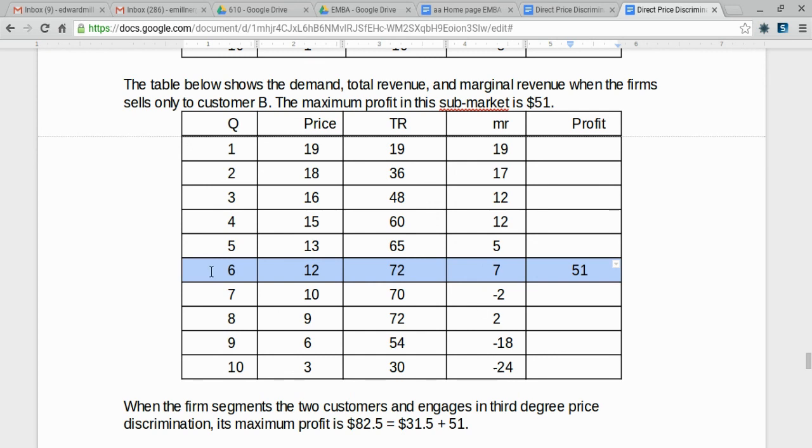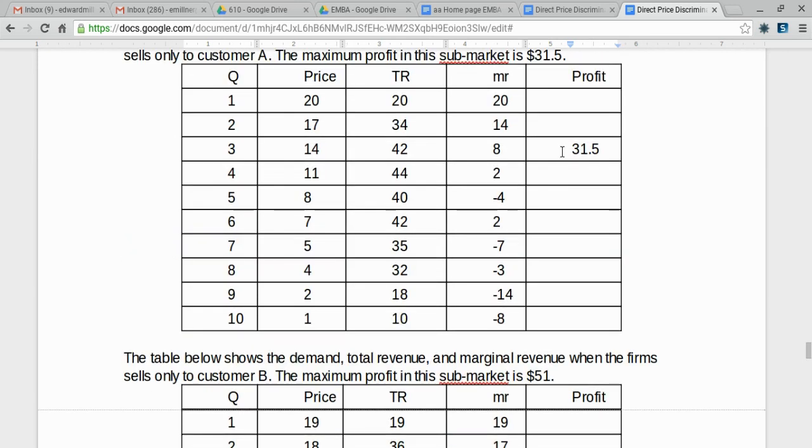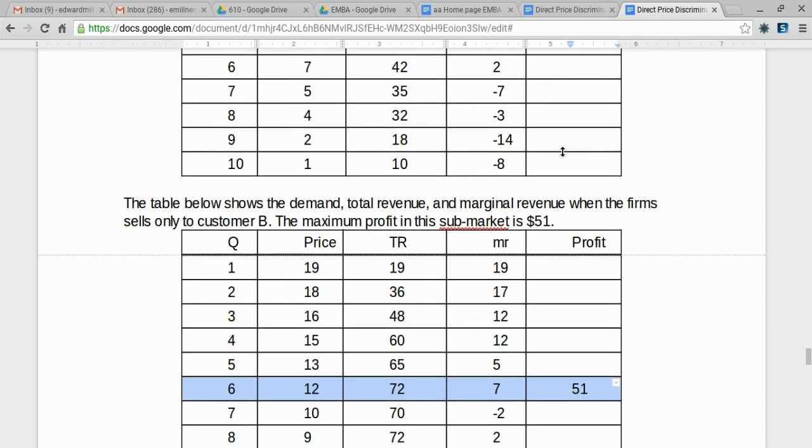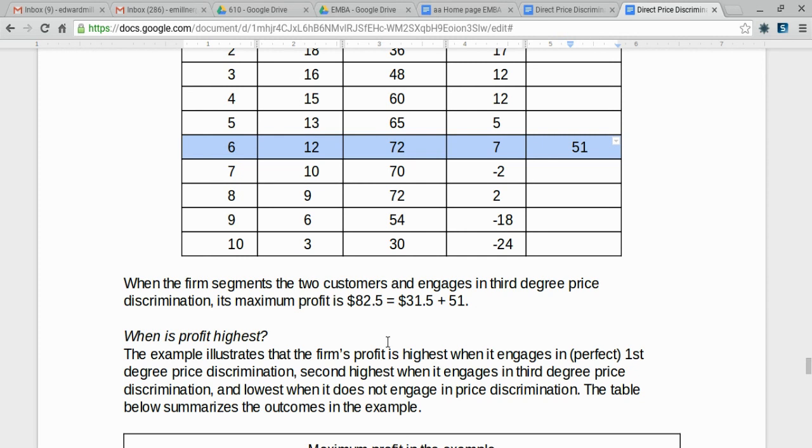That means that profit's maximized when quantity is 6. And we calculate the profit at that level of output to equal 51. So when we segment the two markets, we'll make a profit of 31.5 in the A submarket. I'll make a profit of 51 in the B submarket. And the total profit I'm going to earn is 82.5.